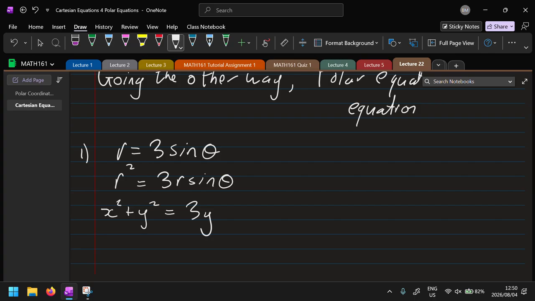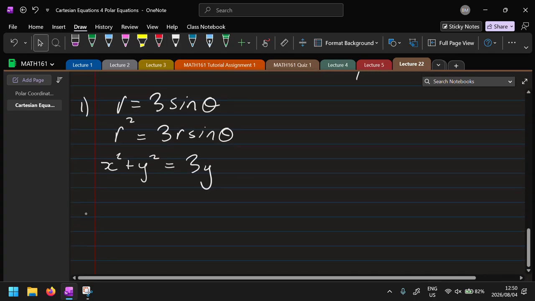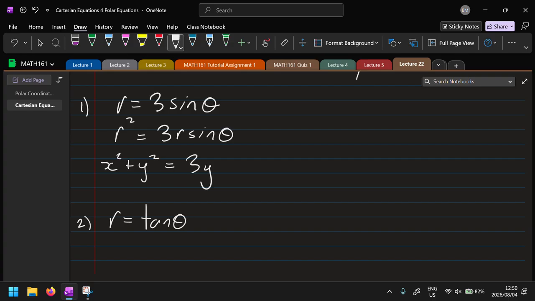They're all good. Okay. Number 2, fairly similar. We have r equals tan theta. Now the tan theta bothers us a little bit because when we're converting, we need sine theta and cos theta.